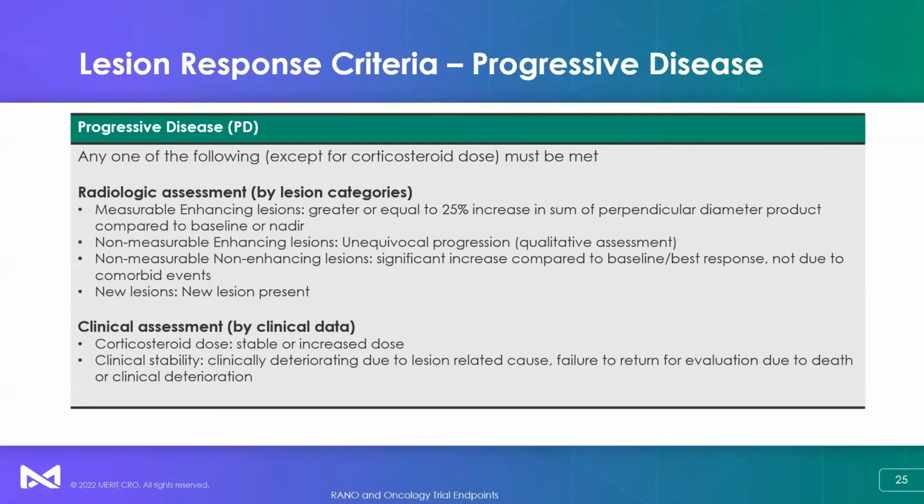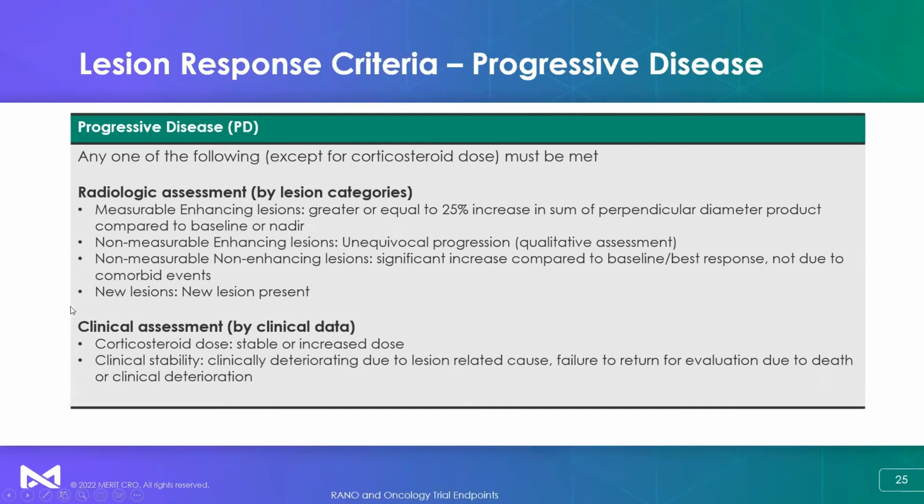For progressive disease, any of the following would indicate progressive disease. So one or more of the bullet points will lead to progressive disease.